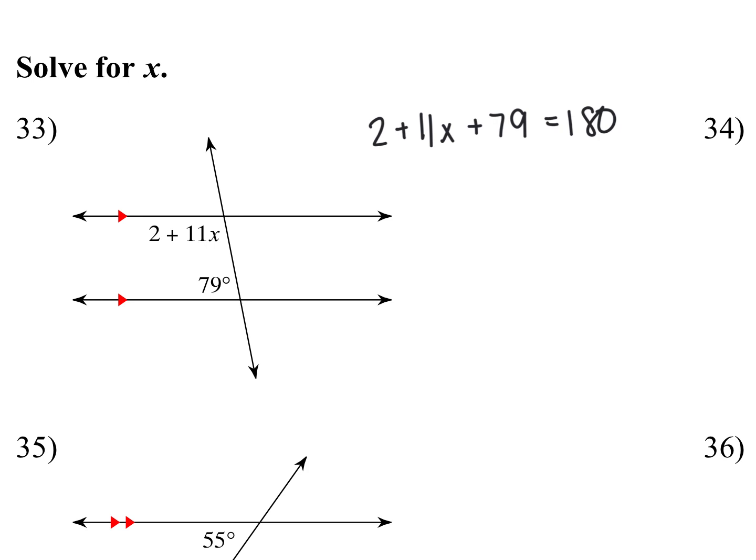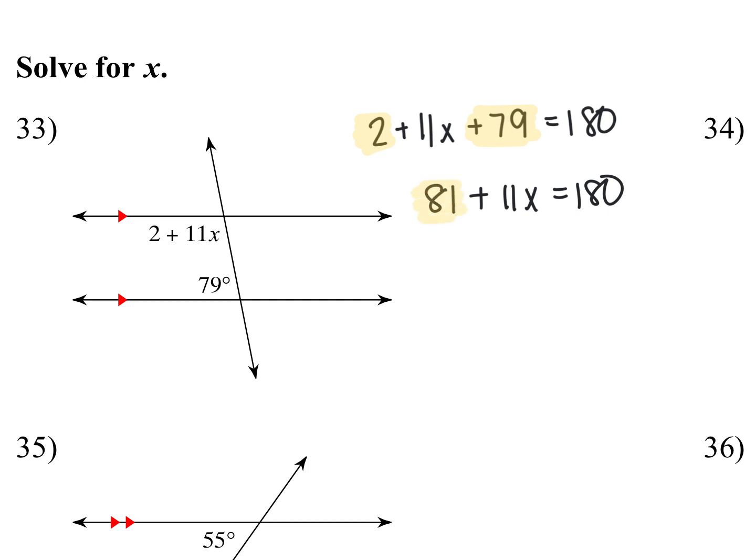Now I just have to solve it as if I were in Algebra 1 all over again. How would I solve this? A couple of ways. You could subtract 79 and then subtract 2, or you can combine your like terms. 79 plus 2 gives me 81 plus 11x equals 180.